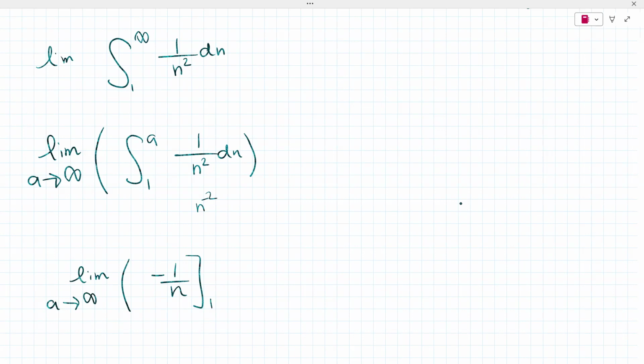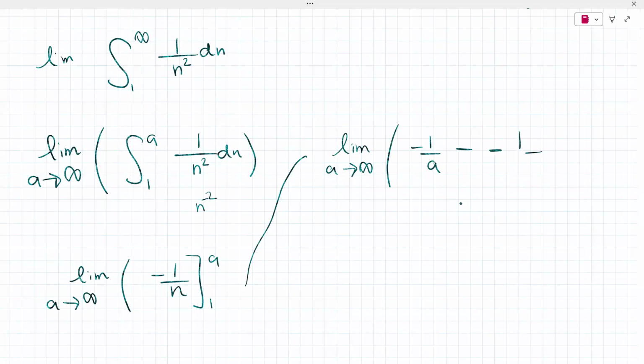And then you apply your fundamental theorem, upper minus lower. If you apply the upper, it would be negative 1 over a minus negative 1 over 1.